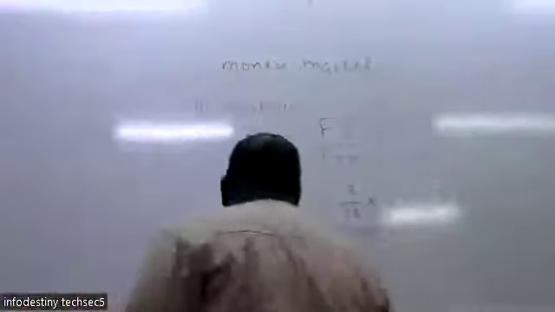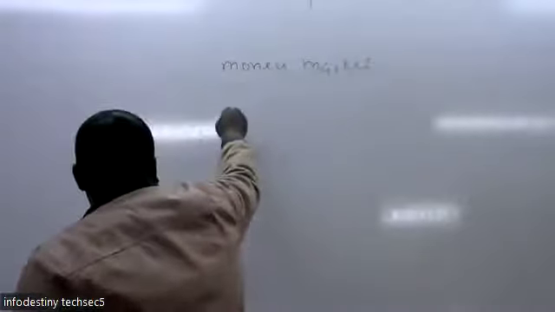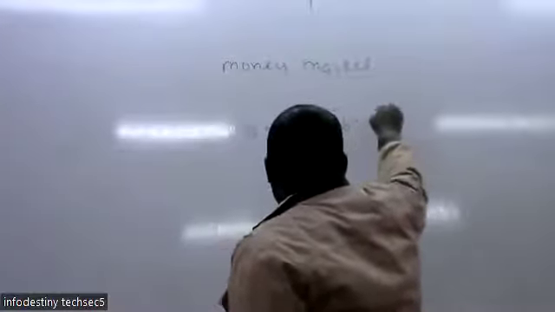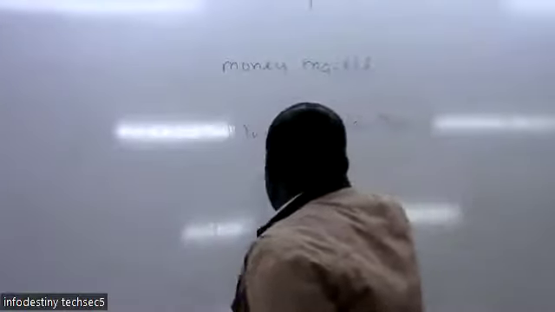So check those spot rates. The higher rate is which figure? 15.62. So now we exchange them at that higher rate, whereby we say that 1 Kenyan shilling should be equal to 15.62 Tanzanian shillings.